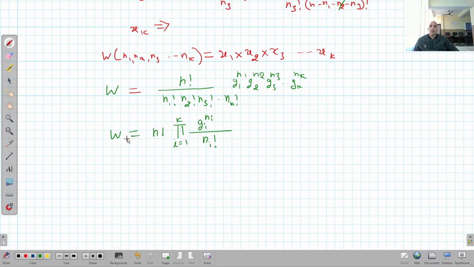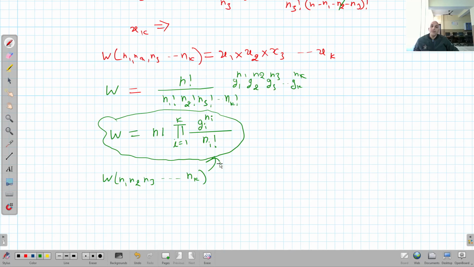This is the thermodynamic probability for my macro state w, n1 n2 n3 so on nk. So this is the required thermodynamic probability, or the required number of meaningful arrangements of n1 particles in g1 cells, n2 particles in g2 cells, and so on.